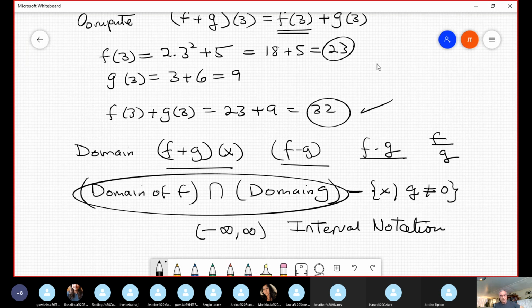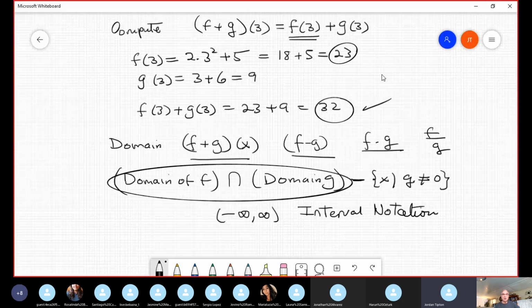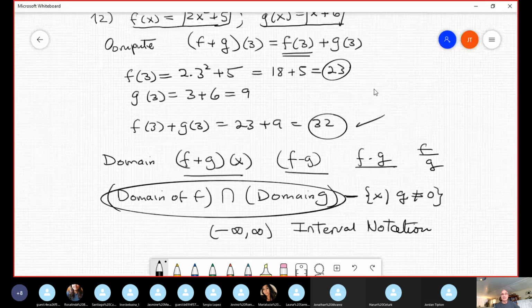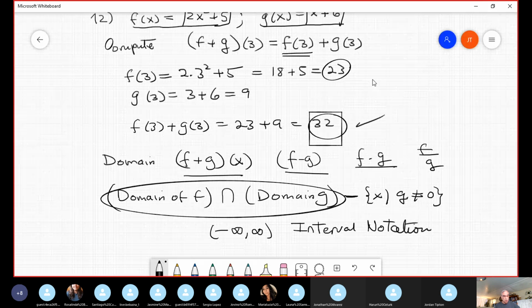Any question? Yeah, so what exactly is the answer there? It's a negative. The answer is all real numbers. No, sorry. The answer is 32. Because in this question, they don't ask me about the domain. It's only compute that. You evaluate 3 in both, addition, 23 plus 9, 32.